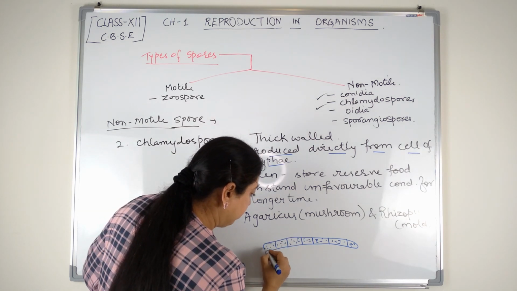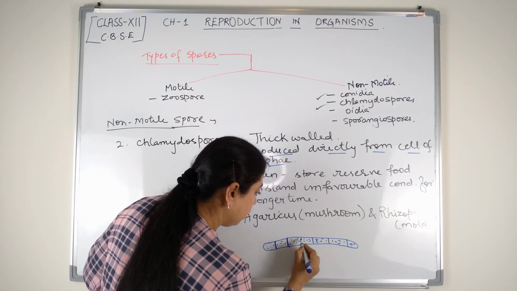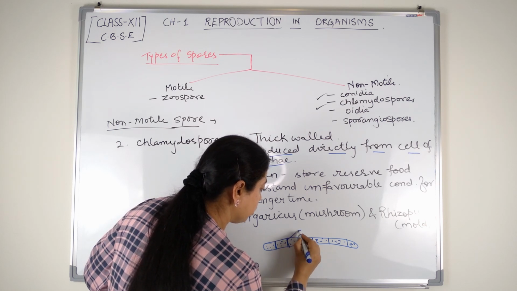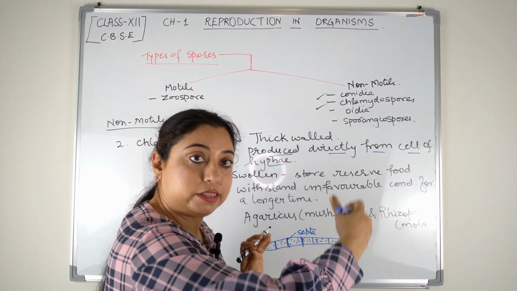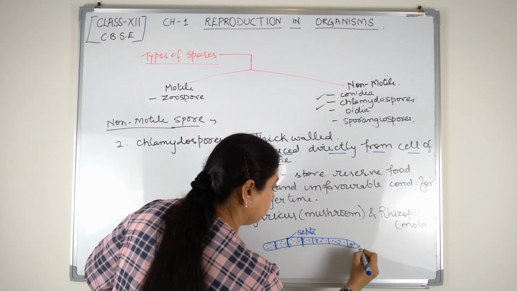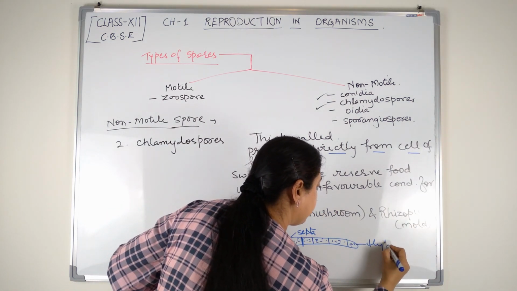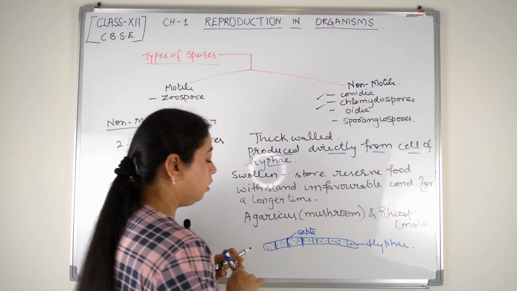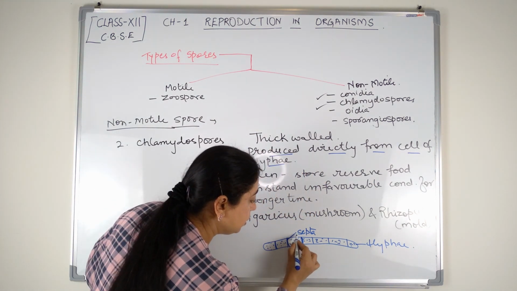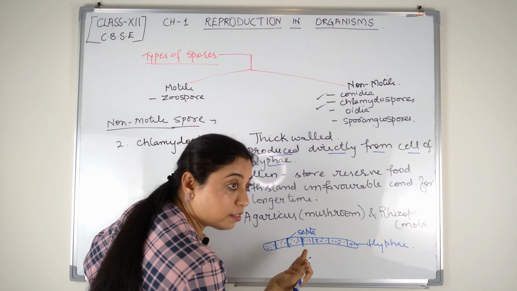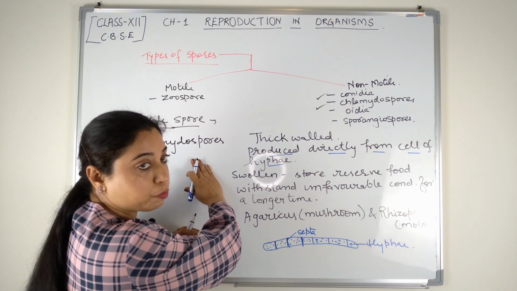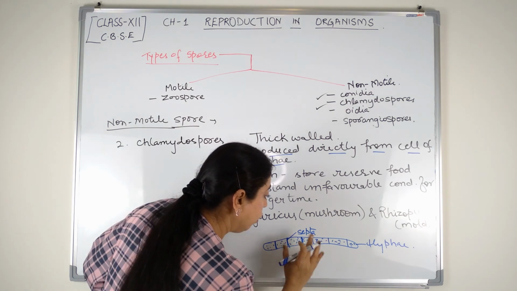These compartments are separated by this structure, septa. Septa separate the cells of the hyphae. This is hyphae. Now, suppose this cell of the hyphae converts itself into a chlamydospore, then how will it look?